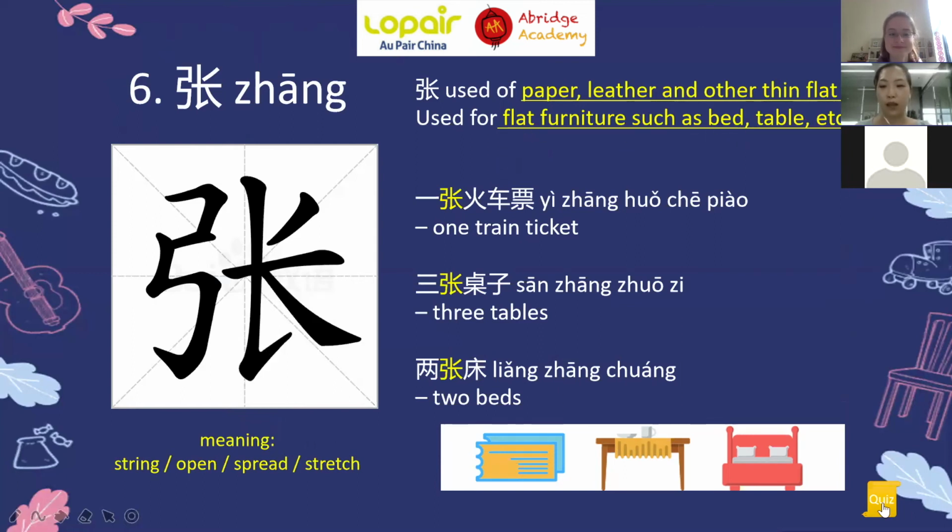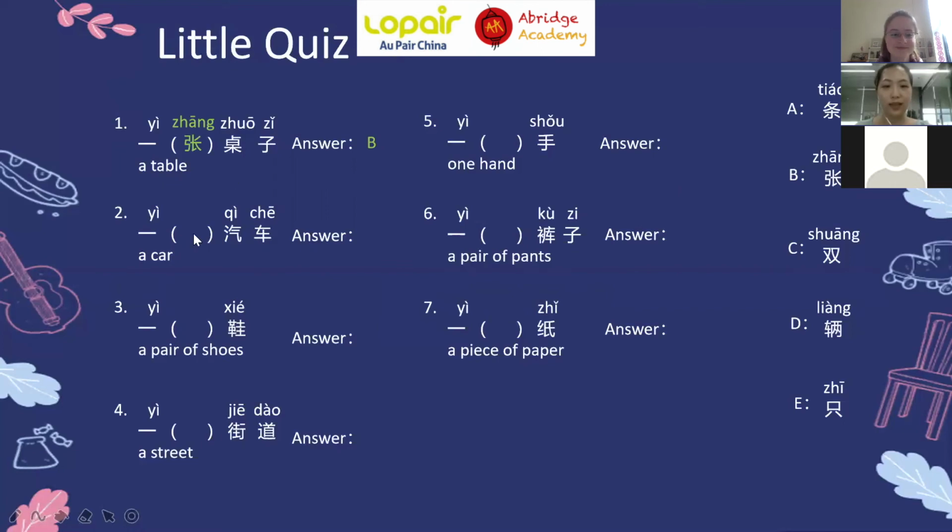Okay, second one, a car. I was just introducing this measure word. It's a very special one because it only describes vehicles with wheels, right? And look at the character. This one, right?